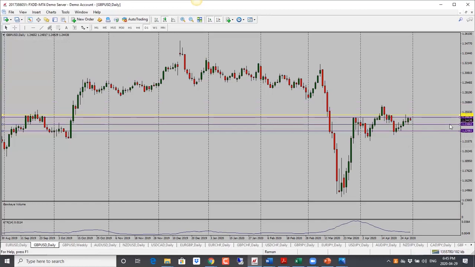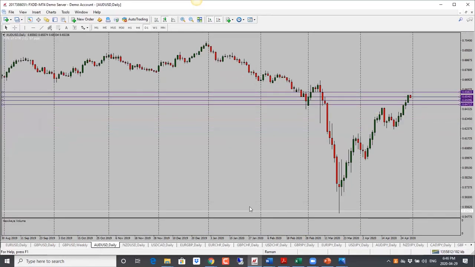For now though, I am looking at the resistance. If it holds below, we may see a move back towards today's lows, which is 1.2380. So I'm neutral on this, and I'm going to keep an eye and see which direction price wants to go, if it holds above or below. So neutral for pound dollar.